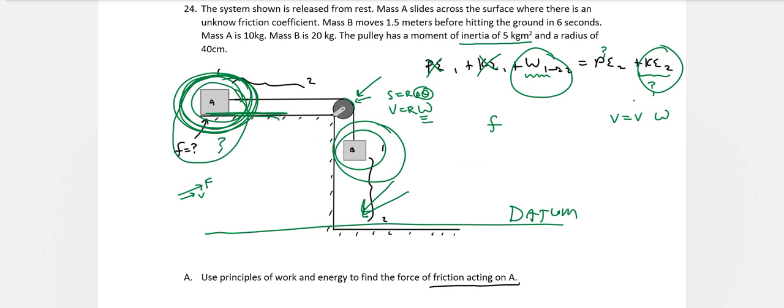And that should come pretty close to doing it. Let's see, what else are you going to need? Oh, how do we get the V2s? Well, the object moves 1.5 meters in 6 seconds. Now, most everybody I've ever seen will take the 1.5 meters, divide by 6 seconds, and get a number with units of meters per second.